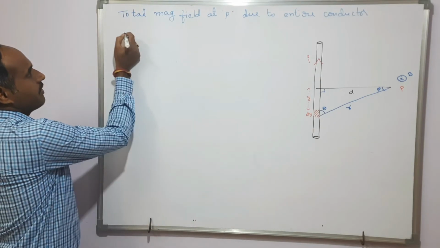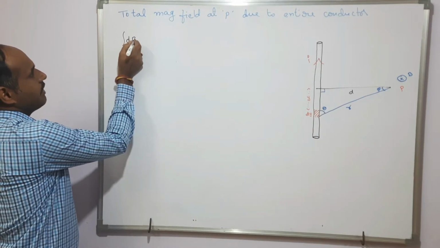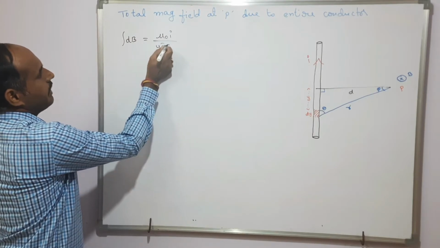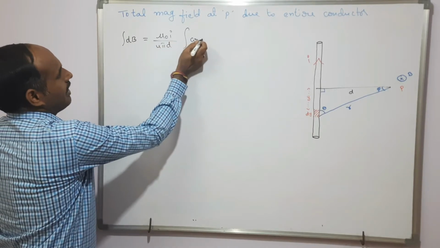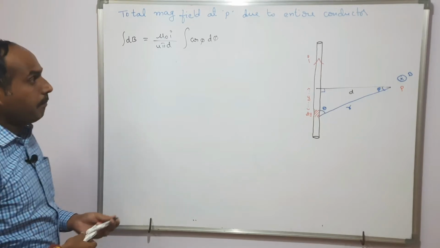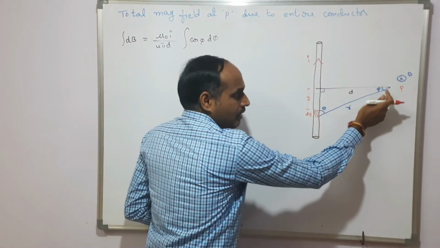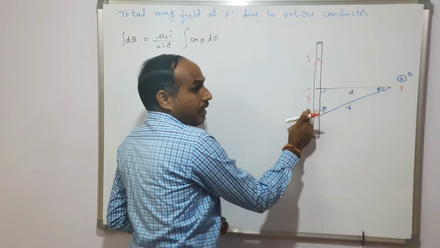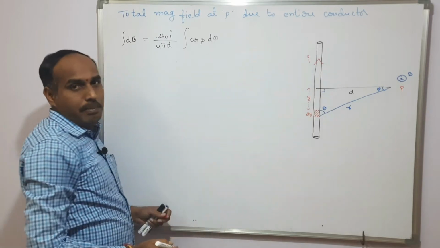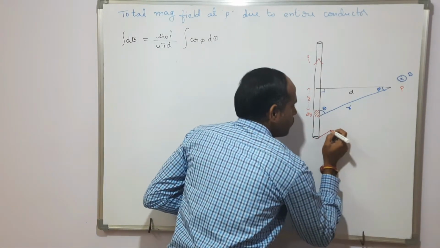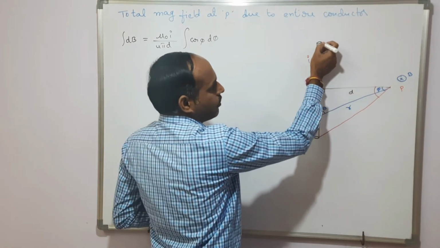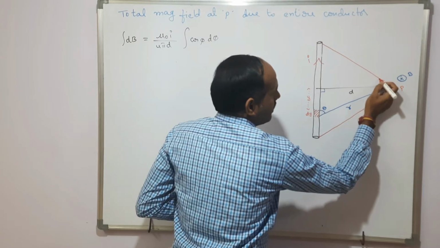So on integrating the previous equation, we will get integral dB is equal to mu naught I by 4 pi d of integral cos phi d phi. In this expression, the variable is phi. Phi is the angle made by the position vector from the point to the element. This element varies from the lower end to the top end. When you join the lower end to this point P, this is the angle, and when you join the point to the top end, we get another angle.